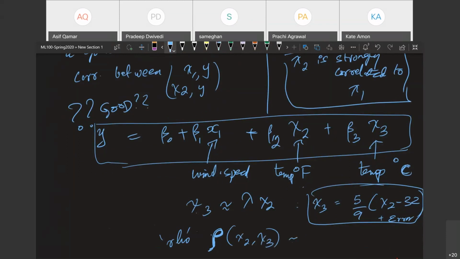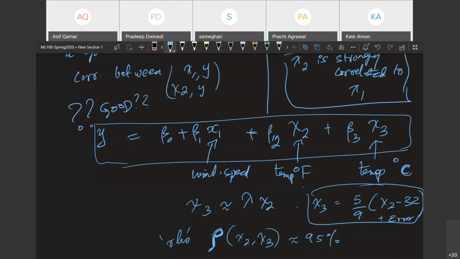So this would be, let us say, 95%, or 90, something like that. So you realize when two variables are highly correlated, you don't need both of them. Quite likely one is enough. Are we getting the point, guys? Because if one increases, the other will increase, and so why do I need to keep both of these variables?